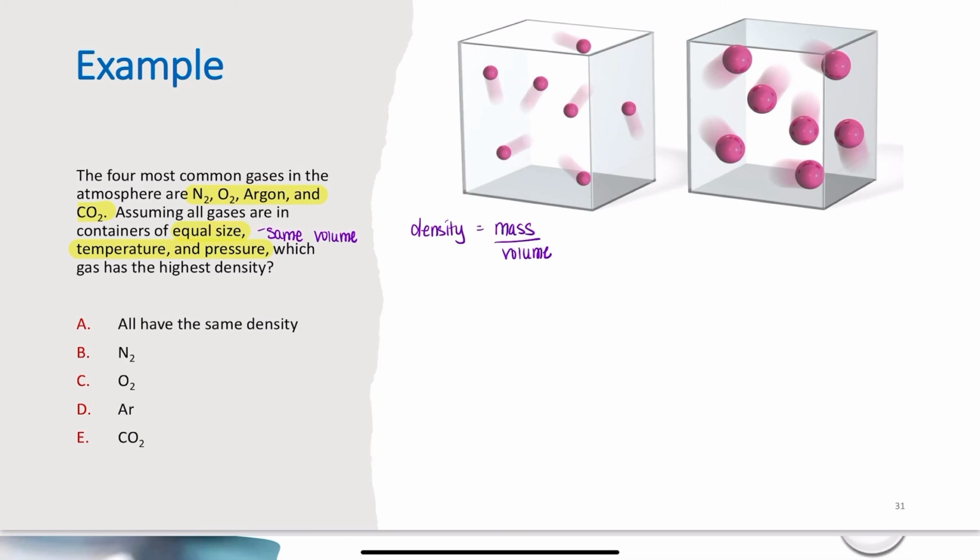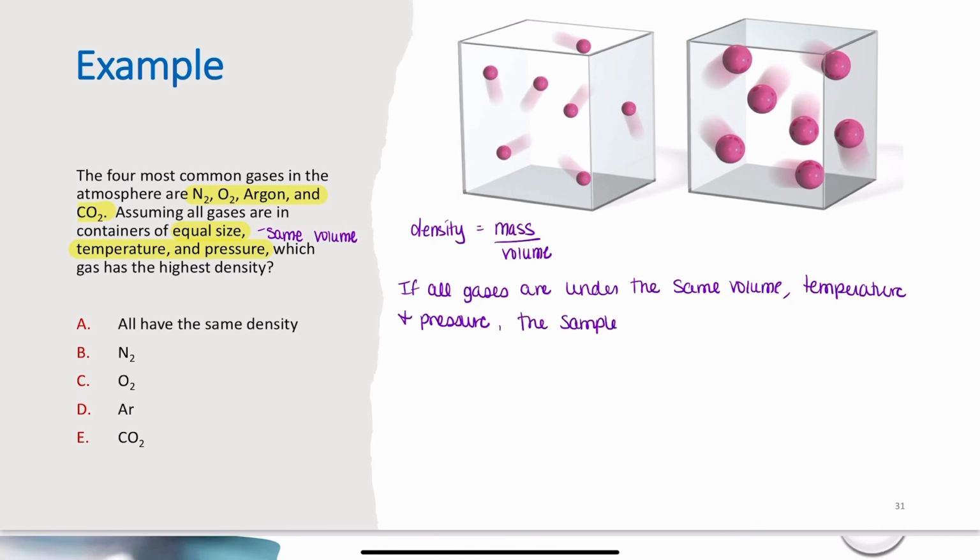If all of these gases are under the same volume, pressure, and temperature, the sample with the highest mass will have the highest density.